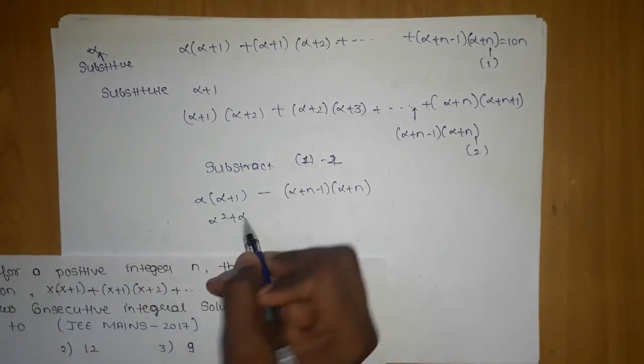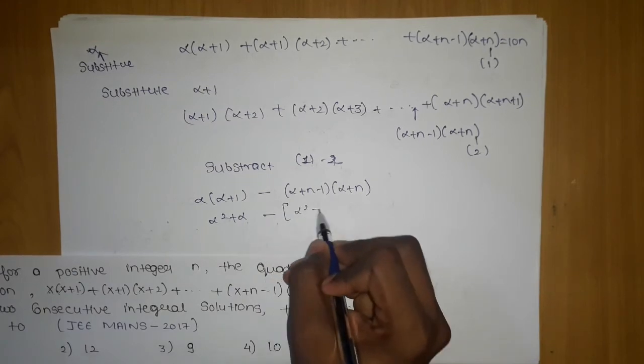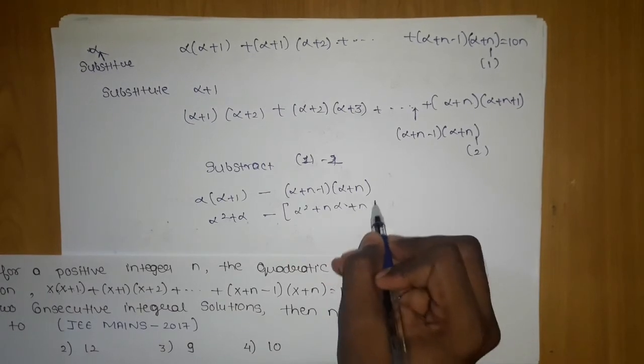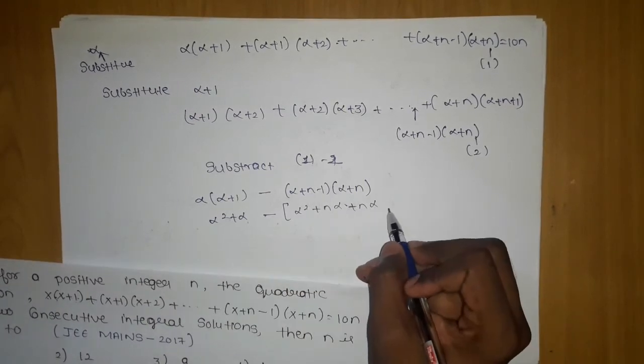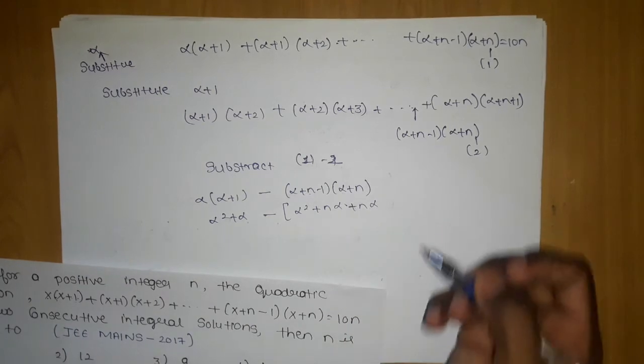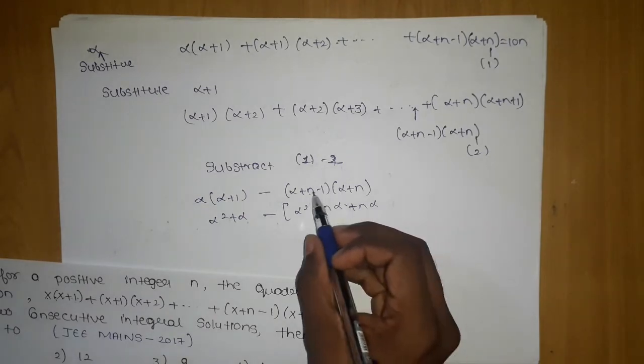Alpha square plus alpha minus, here if I multiply, alpha square plus n alpha. Wait, we should directly multiply it. I am multiplying it.